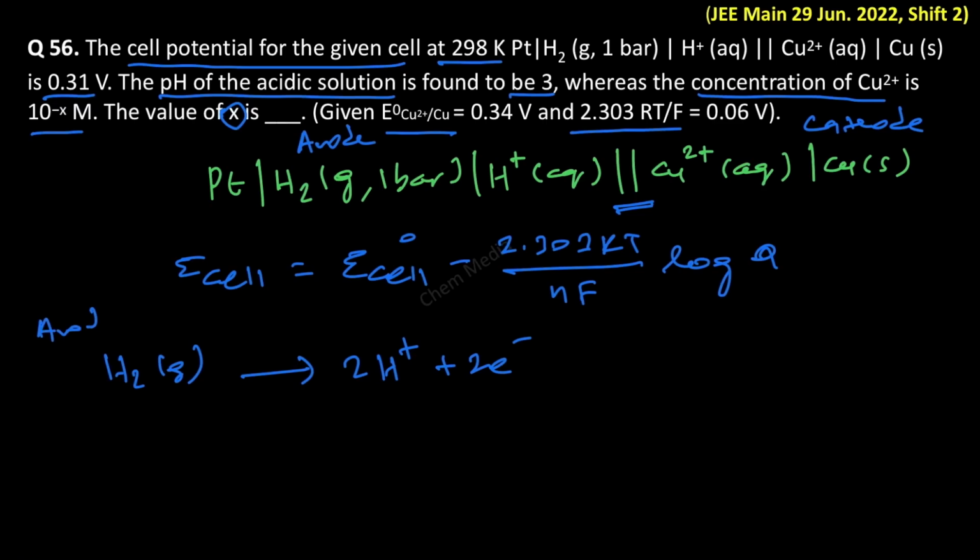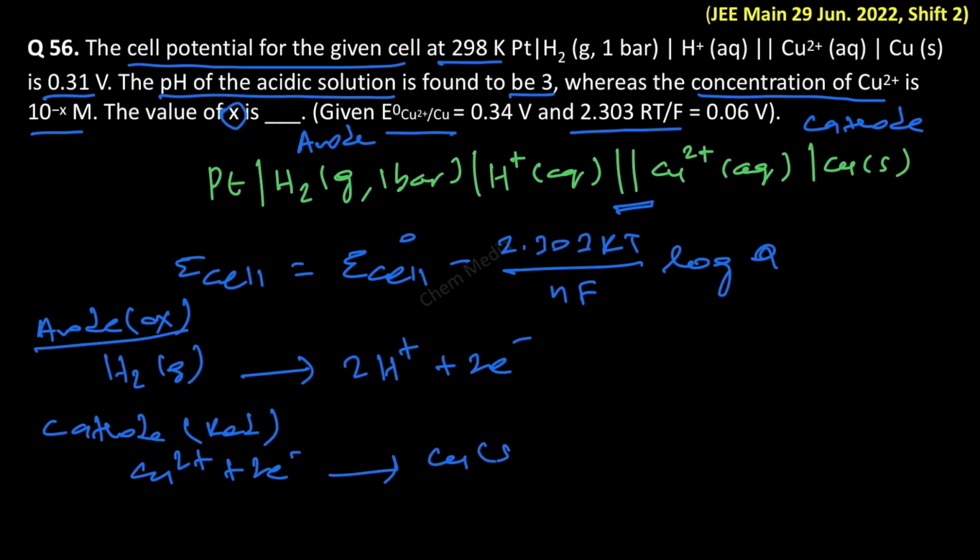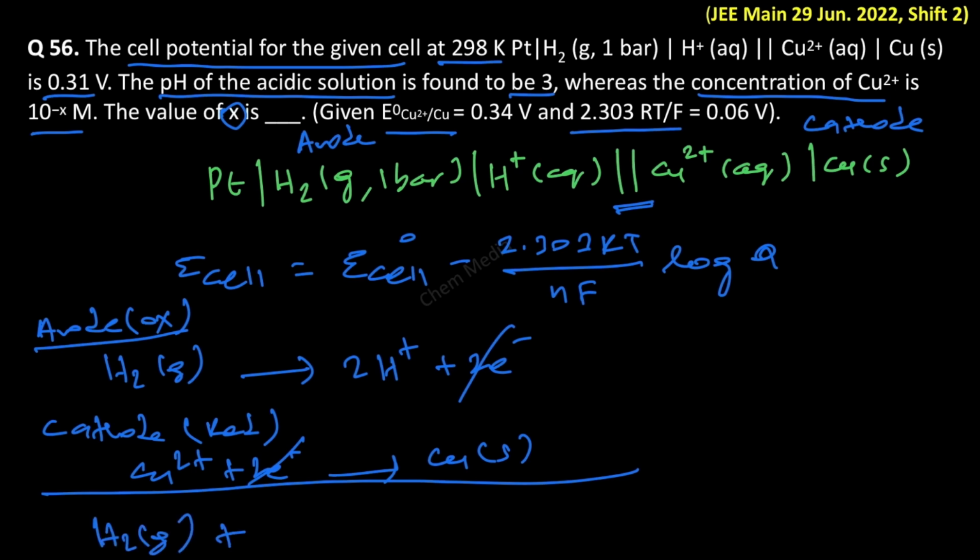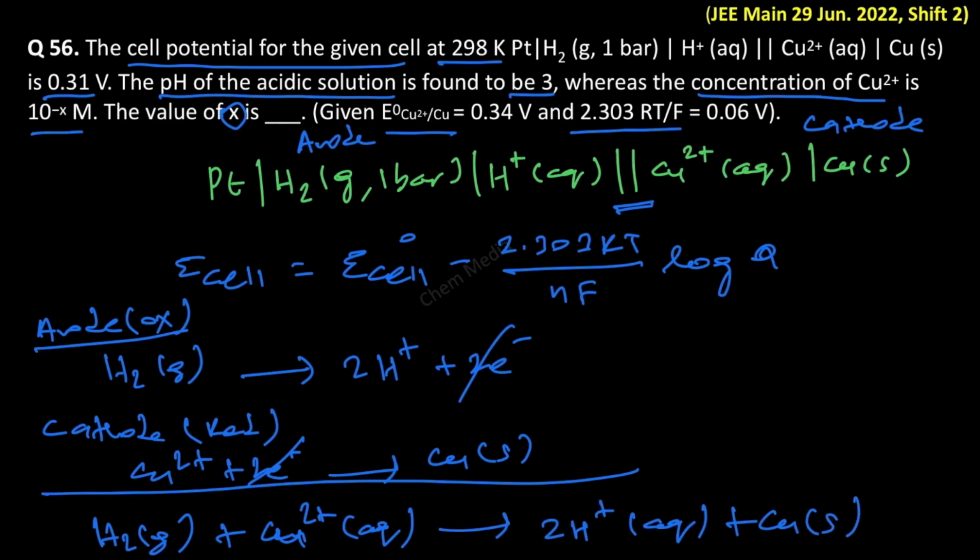So this is happening at the anode, anodic oxidation, cathodic reduction. And then at the cathode, reduction happens, copper 2 plus gains 2 electrons, becoming copper solid. Therefore, the net reaction is H2 gas plus Cu2+ giving 2H+ plus copper solid. This is the net reaction.